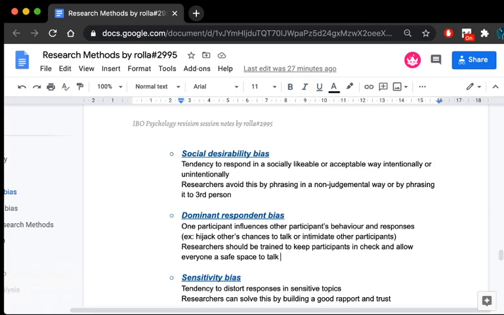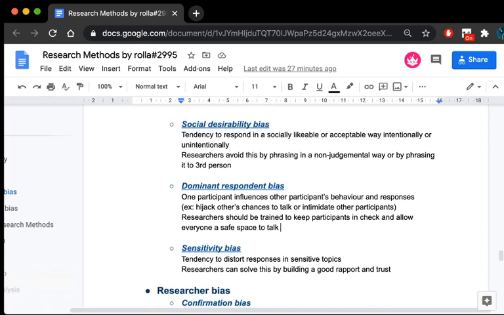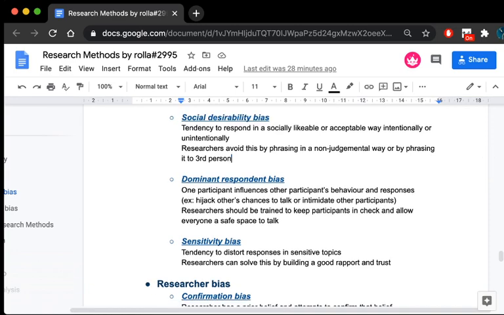And to deal with this, researchers usually phrase it in a less judgmental way, or phrase it in third person. So like, what would he do if he were to do this, or what do you think he should do if blah blah blah. Sometimes that can reflect what their actual answers would be.